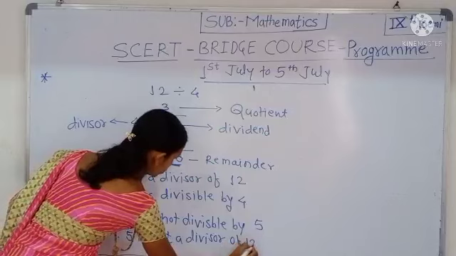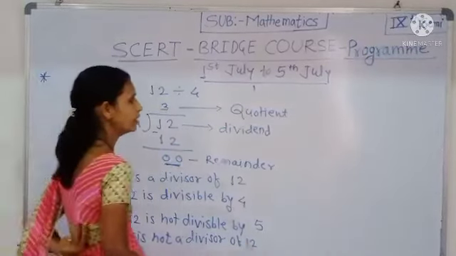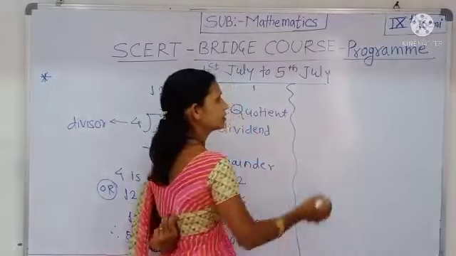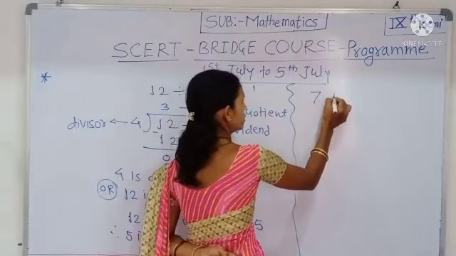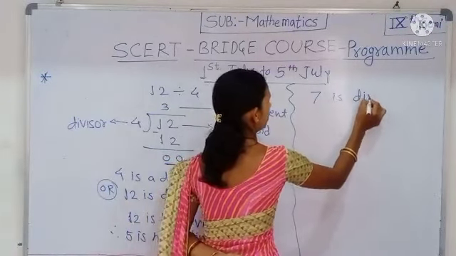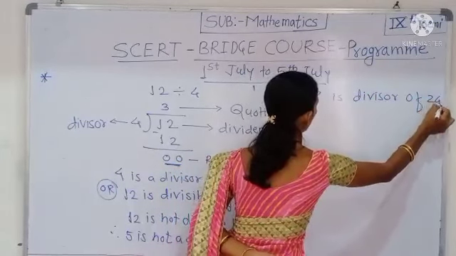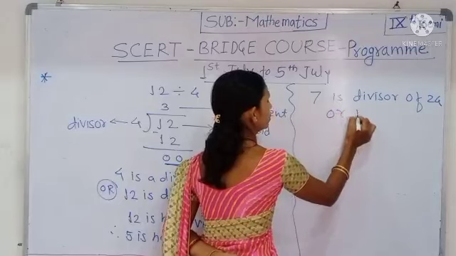Then we have to find out whether 7 is a divisor of 24 or not.